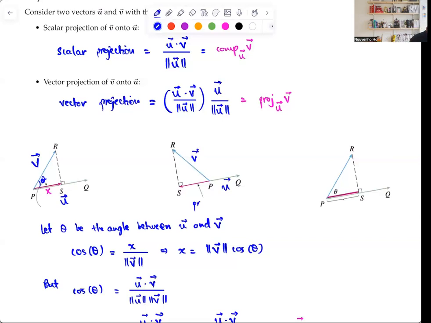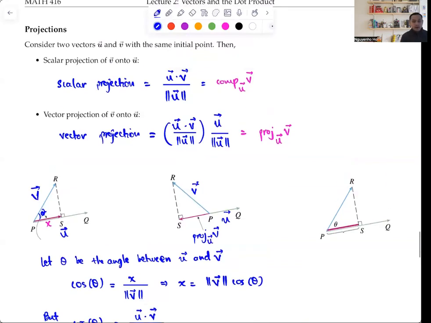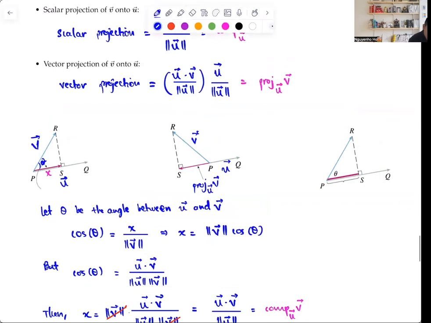So this is still the projection of v onto u. And again, in this case, you have the red part, which is the length of the projection. So this one is x, or the component of v onto u. That is again the scalar.